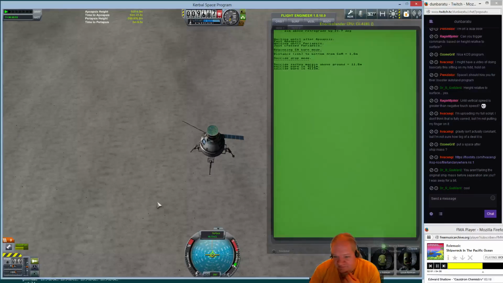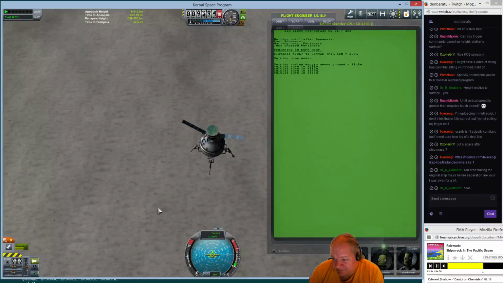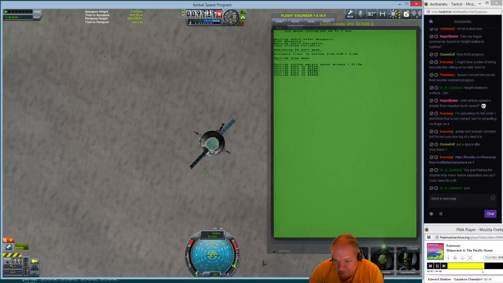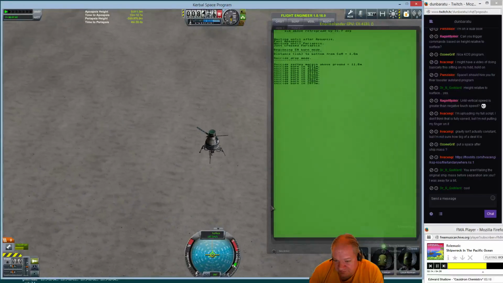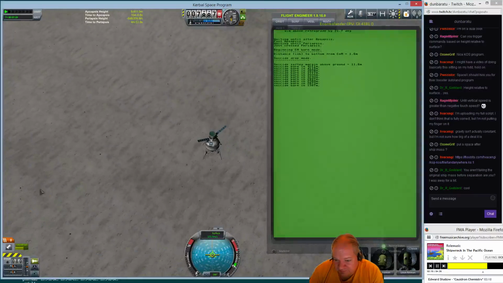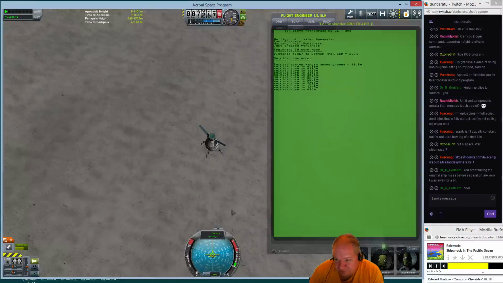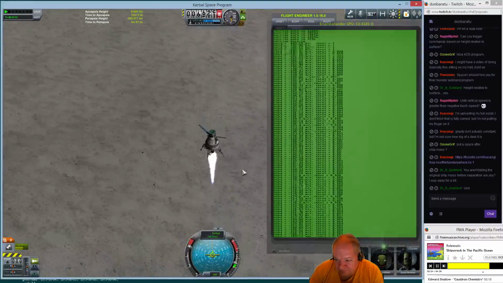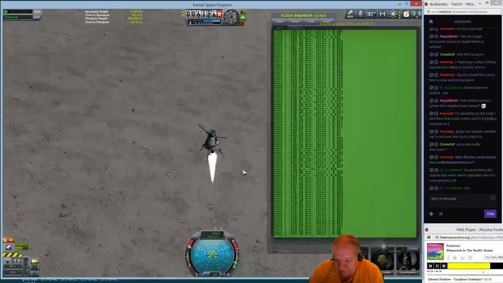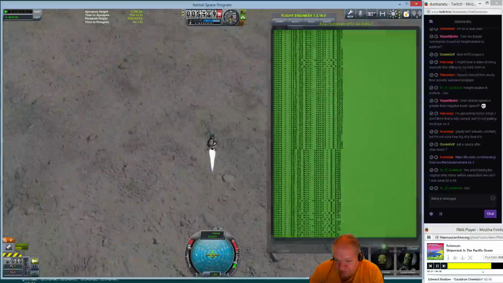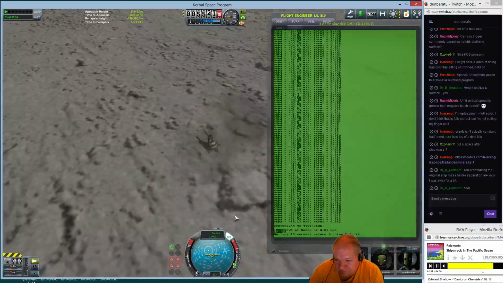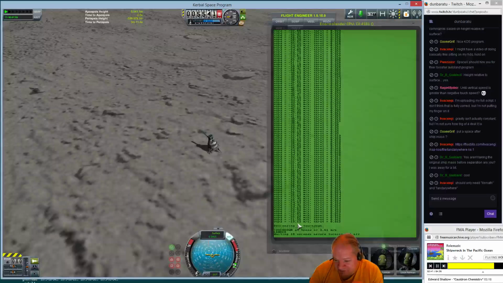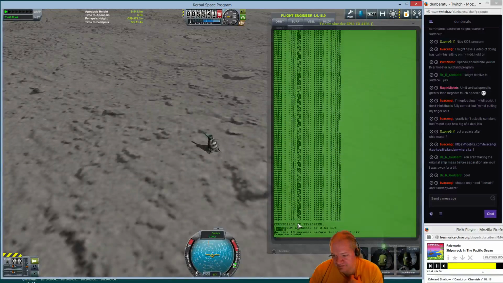I'll see how that works on this very same ship. Okay, the actual touchdown speed was about 20. So that was what we were trying to get before.